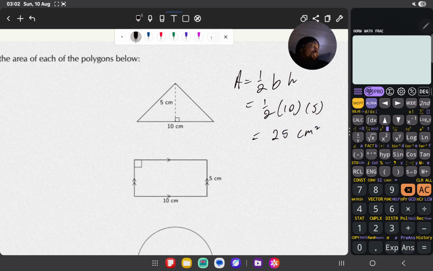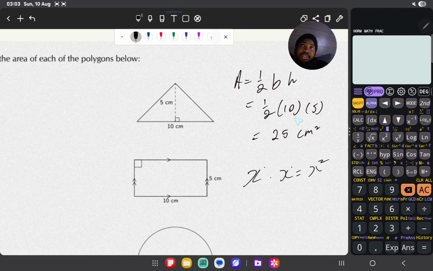So squared is the SI unit. You guys know why it's squared? Remember, x multiplied by x is x squared, and the reason is same base, you multiply, you add the exponents.